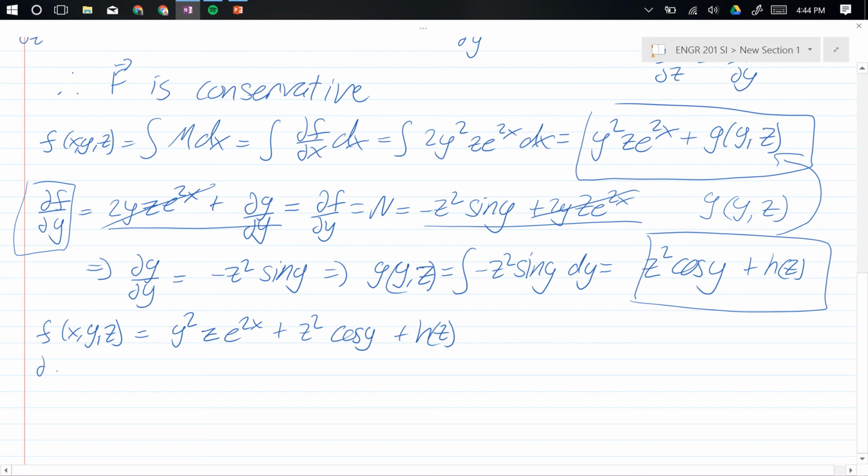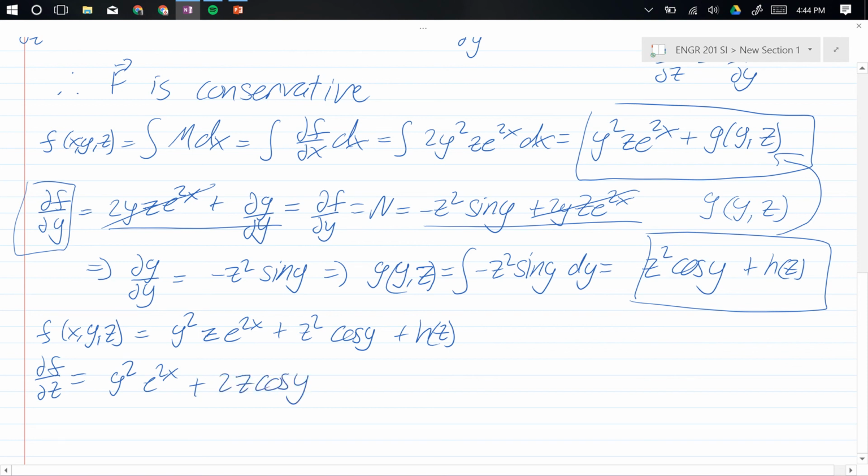Now we take the partial of f with respect to z for each component. The first component will go to y squared e to the 2x, simple. This will become plus 2z cosine y.